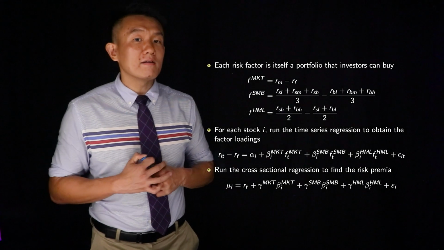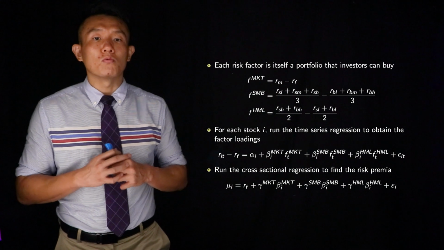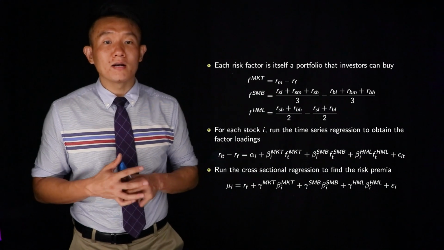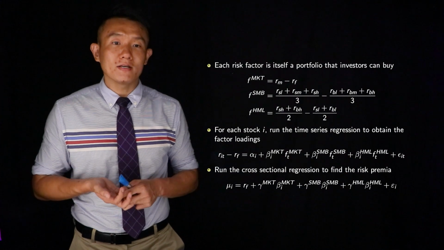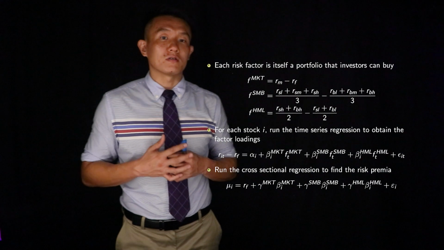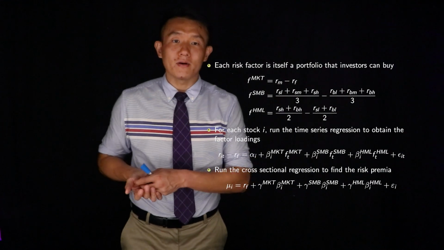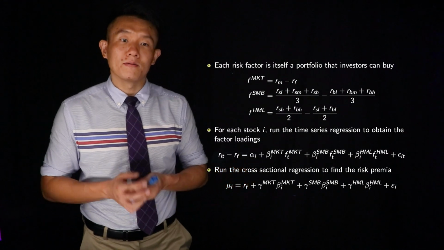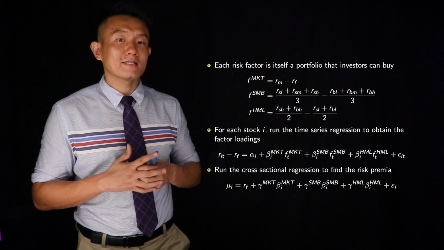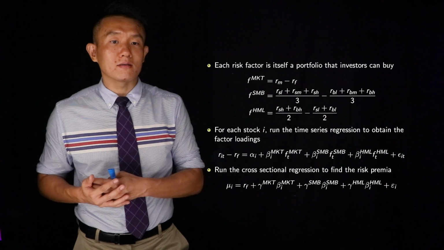So what you can see here then is that each risk factor is going to represent a portfolio that you can actually invest in. The market risk factor is just the market return over the risk-free rate. You get that by investing in the market. The SMB risk factor, that's the excess return of small stocks over big stocks.